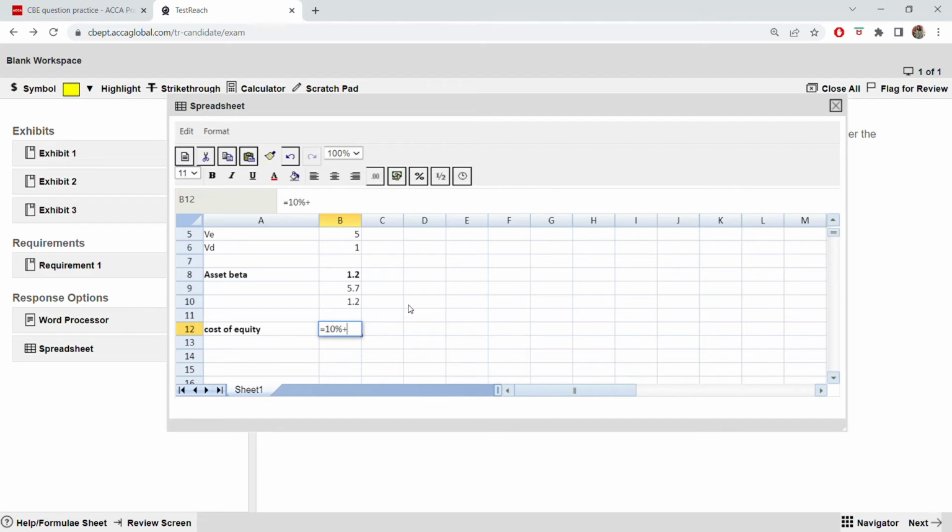Plus, what is the asset beta? Don't write 1.2. Once you have calculated the answer, click that cell. It's always easier to do that. Multiply by, again bracket. What is it? 15% the return minus 10%.